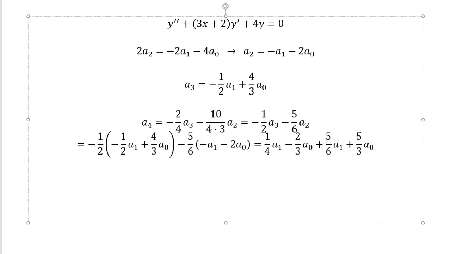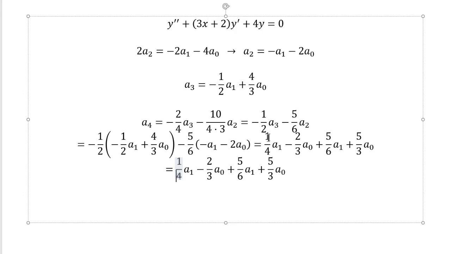So this calculation will simplify as, let's see, this will be 6 over 24. 1/4 is 6 over 24, whereas if you multiply 4 top and bottom, that will be 20. Oh, actually, 12 is the least common denominator, so let's change it.